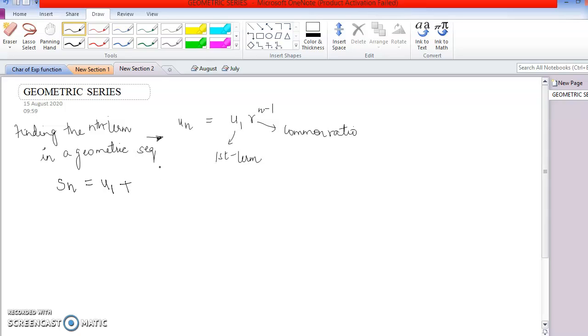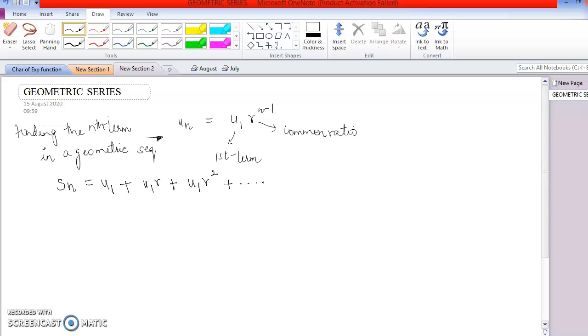Then the second term. When I substitute n = 2, I am going to have my term in the form of u1 r. When n = 3, you will have your expression as u1 r^2.